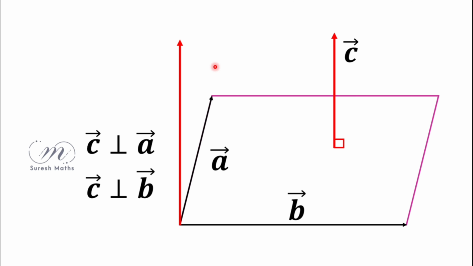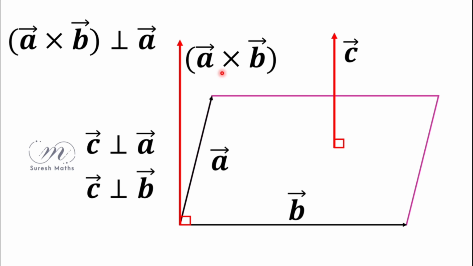Now by the definition of A cross B, A cross B is a vector which is perpendicular to both A vector and B vector, and it is perpendicular to the plane containing the sides A vector and B vector. Here look at the C vector and A cross B vector.